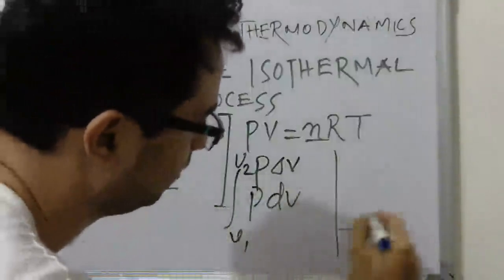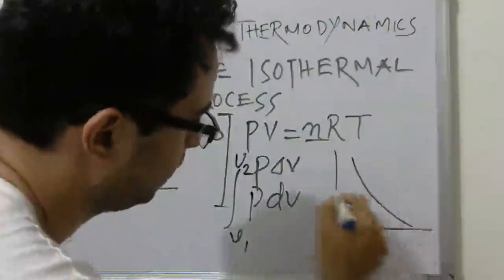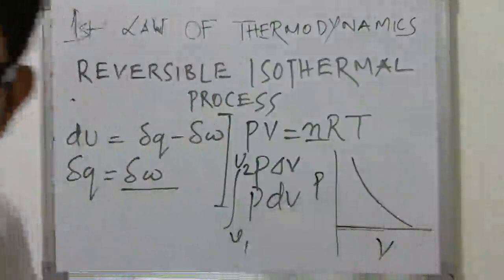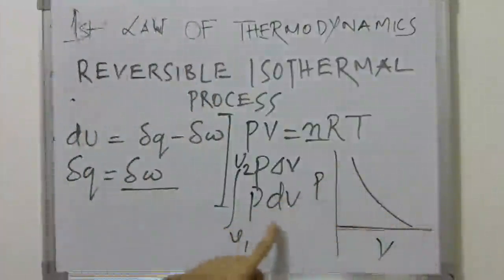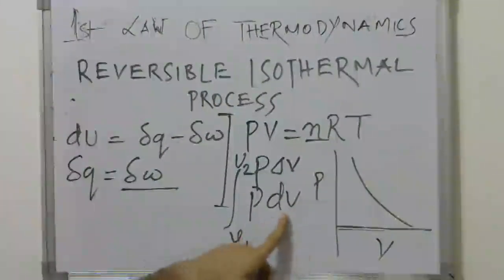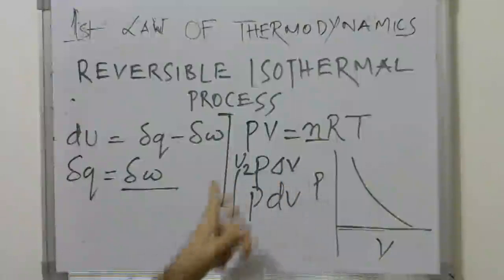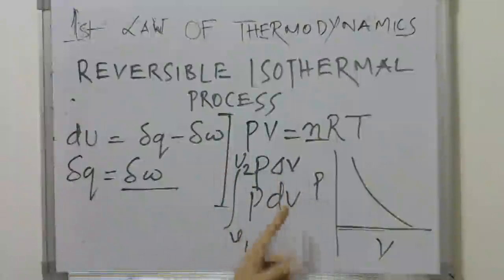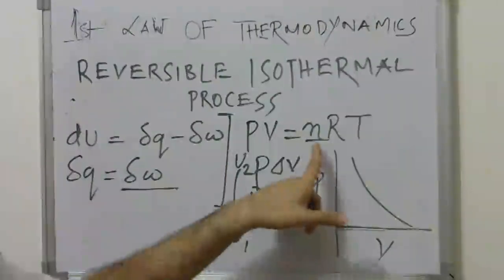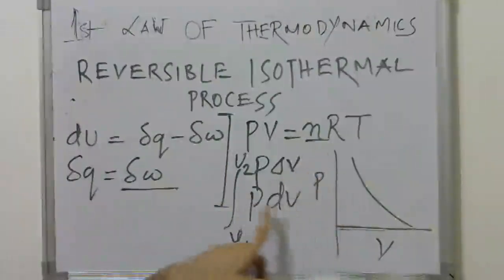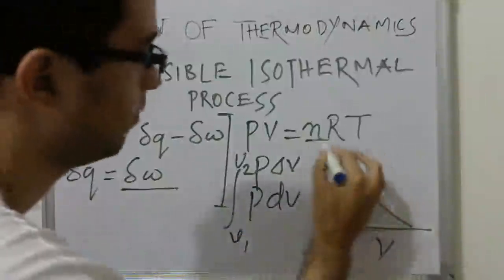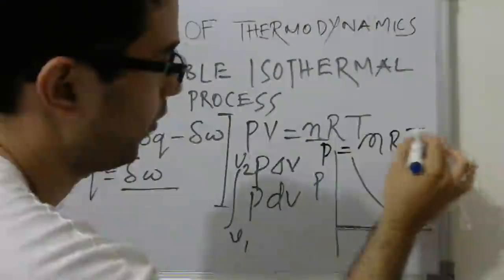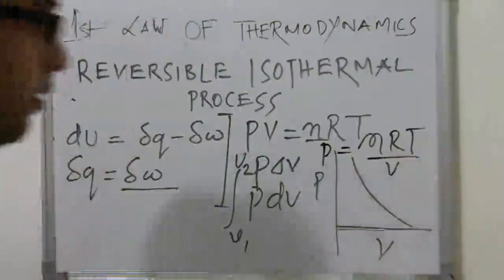Now look at this curve, pressure versus volume. Note here, pressure and volume both are varying. So I cannot integrate if I don't have one single expression in terms of V. P has to be expressed in terms of V to make this integration possible. From the ideal gas law, if I substitute P, we get a direct equation. P is nRT by V, right?